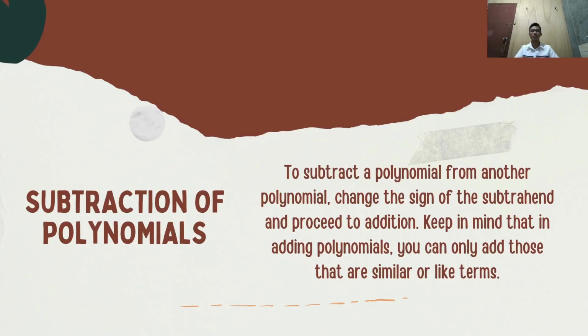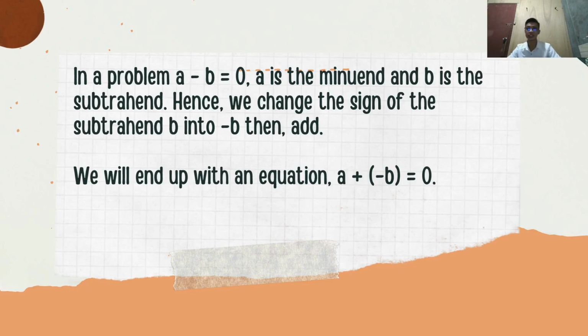The next topic, subtraction of polynomials. To subtract a polynomial from another polynomial, change the sign of the subtrahend and proceed to addition. Keep in mind that in adding polynomials, you can only add those that are similar or like terms. For instance, for us to be able to understand, in a problem, a minus b is equal to 0.